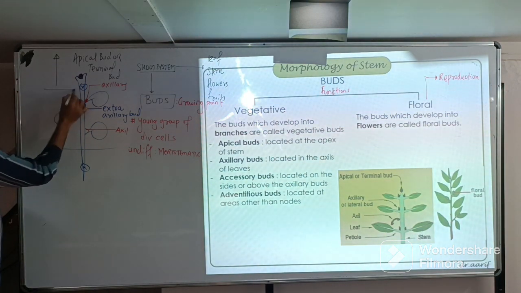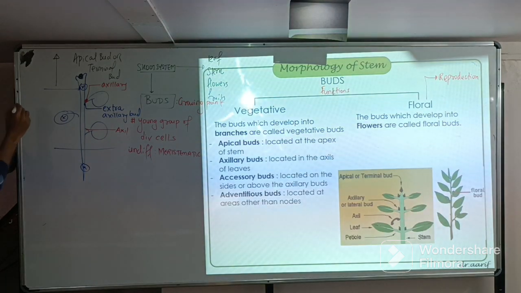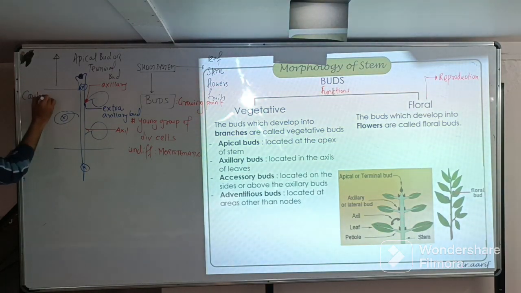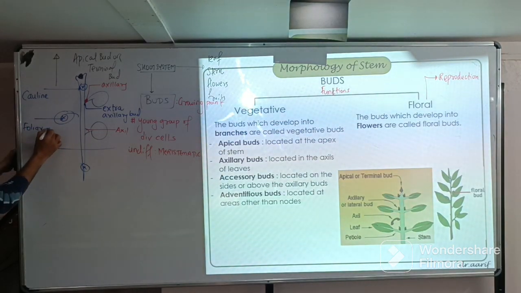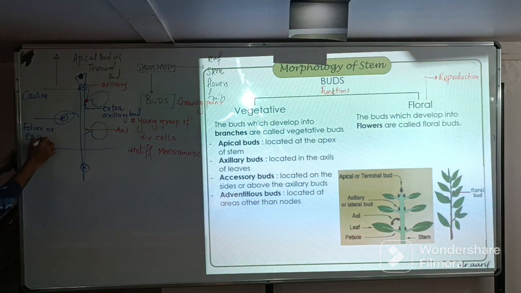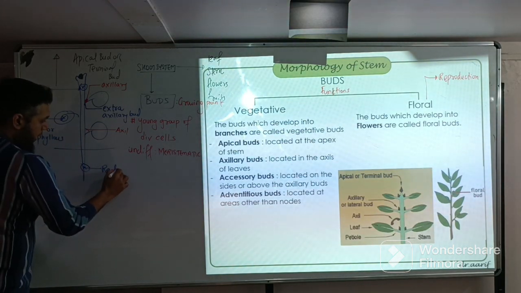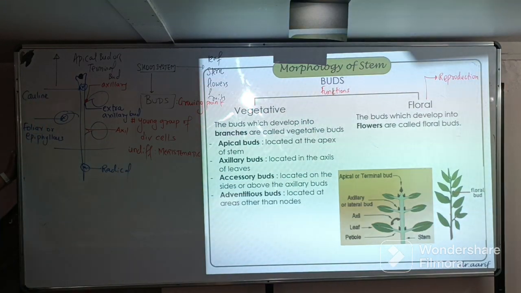So if it is there on the stem, such a bud is called cauline bud. If it is on the leaf, it is called as a foliar, foliar meaning leaf, or epiphyllous, upon the leaf bud. If it is on the root, it is called as which bud, children? Radical bud.